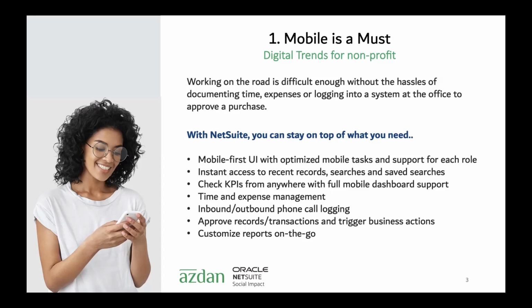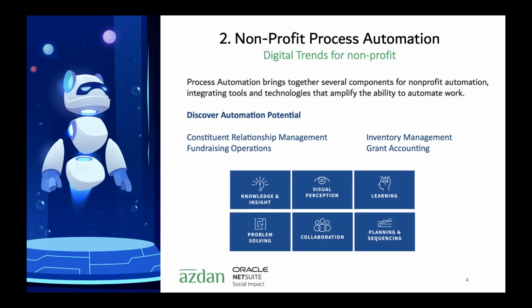The second important trend is the automation itself. We know that non-for-profit organizations do have a lot of operations that require automation when we are talking about fundraising operations, grant accounting, inventory management, or donor relationship management. So we really need a system that, as Mirel mentioned, acts as one connected solution where all departments are able to communicate with each other and are not working in silos or with miscommunications, or relying on emails or Excel sheets to share the numbers, share the reports or run the operations.